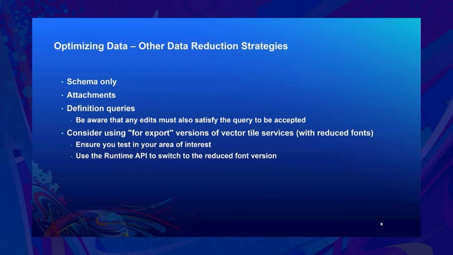You do need to be aware that any edits that you make must also satisfy that query to be pushed back up. So for instance, if you have a definition query that limits the features that you download, you can't then edit features so they no longer meet that definition query and sync them back to the service, because the replica that you're using has been generated with that definition query, and it will only accept features that also fit that definition query.